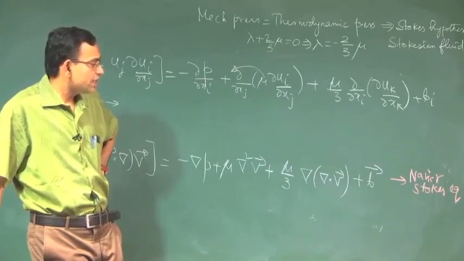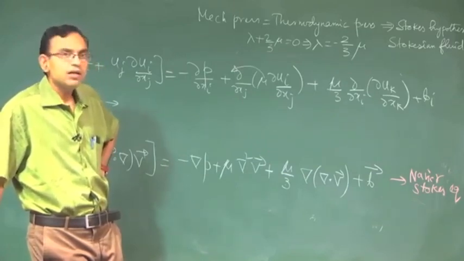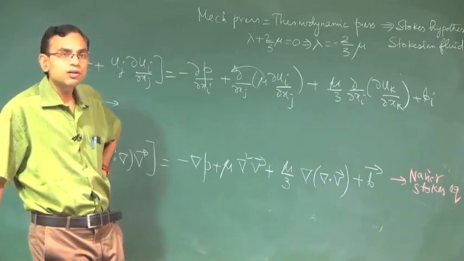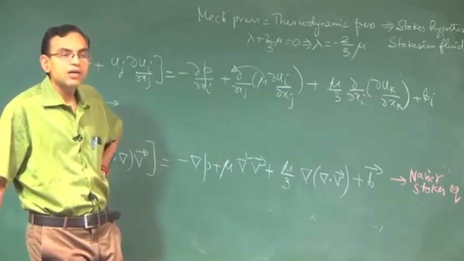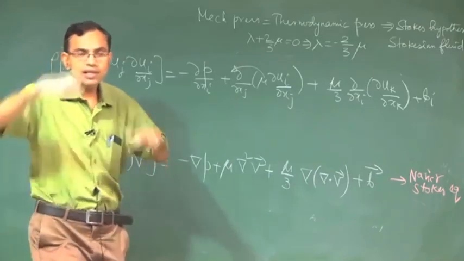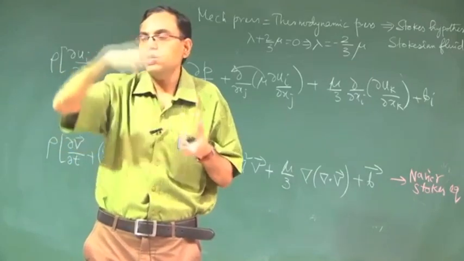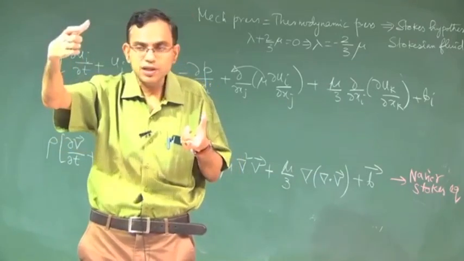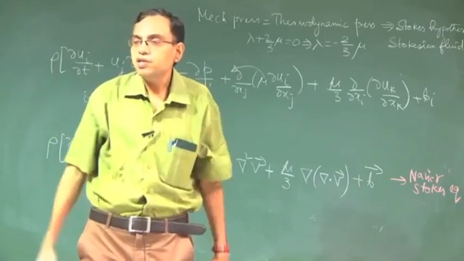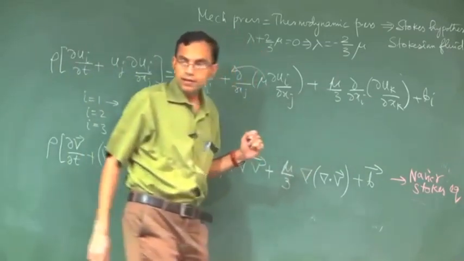What I intend to say is that in junior classes, if we at all talk about the Navier-Stokes equation, we straight away state the equation, but it is very important to go through the rigorous exercise that I have passed through, starting from the Reynolds transport theorem, momentum conservation, to the Navier-Stokes equation. So what are the assumptions?